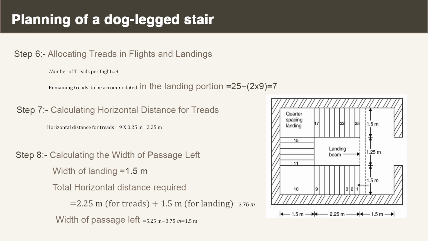Width of the landing is 1.5 meter, which is equal to the width of the stairs. Total horizontal distance required is equal to 2.25 meter for threads plus 1.5 meter for landing, which is 3.75 meters. So, width of the passage left is equal to 5.25 meter minus 3.75 meter, which gives 1.5 meter.